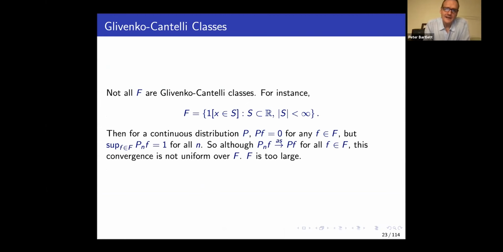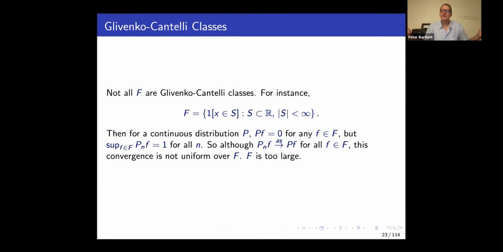First of all, it's clear that not all function classes are Glivenko-Cantelli classes. Here's an example of a function class F that does not have this Glivenko-Cantelli property. It's defined on the real numbers.